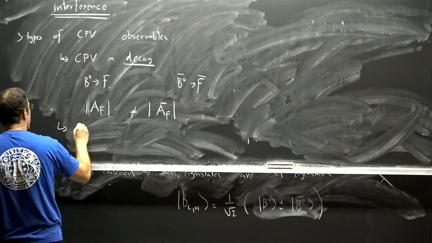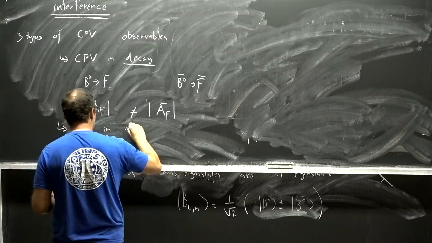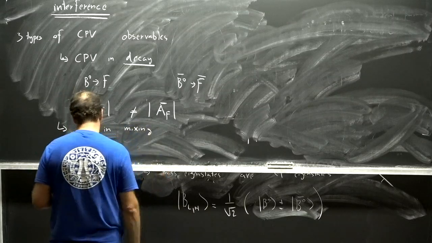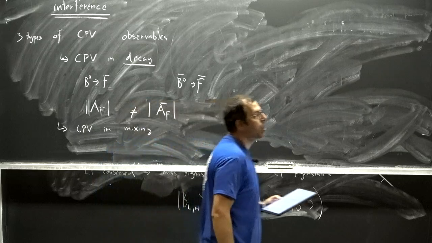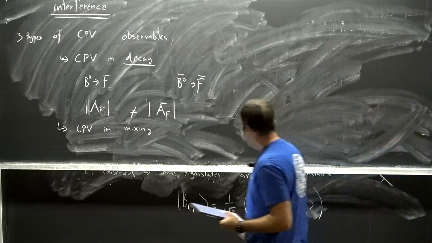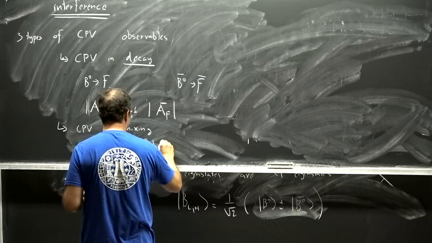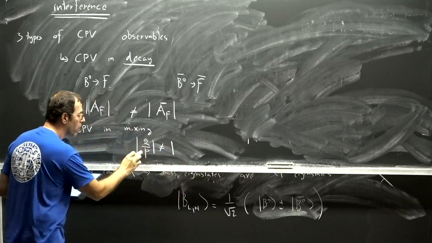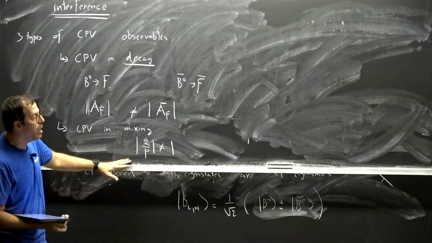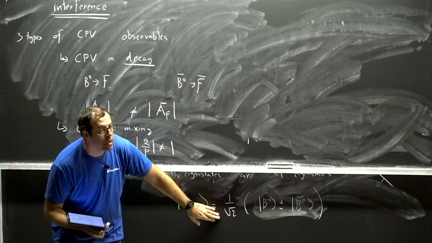The second one, CP violation in mixing. All right, so now we go back to this Q and P. If Q over P is not 1, you remember this ratio was 1 for the CP conserving case.